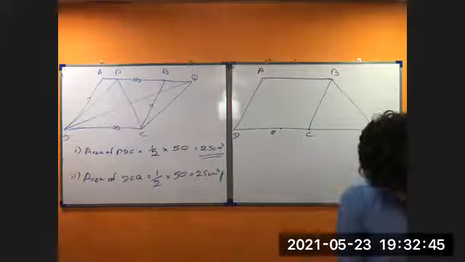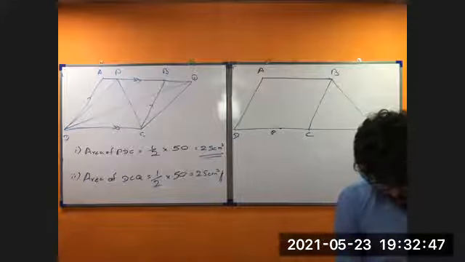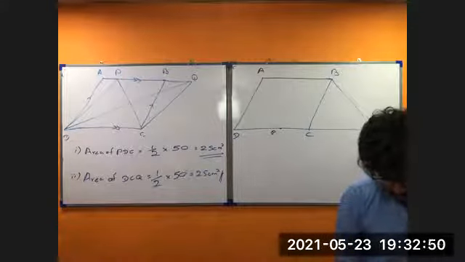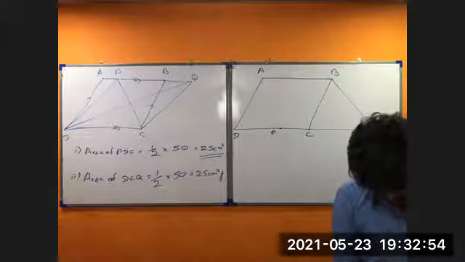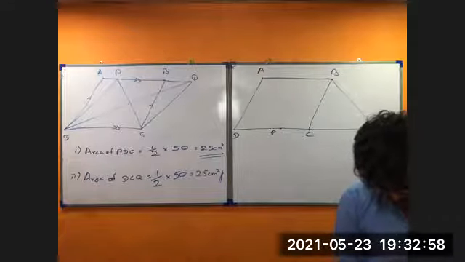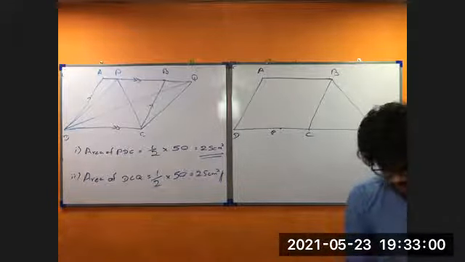Then what do they say? The straight line drawn through B parallel to AP meets DC produced at Q.